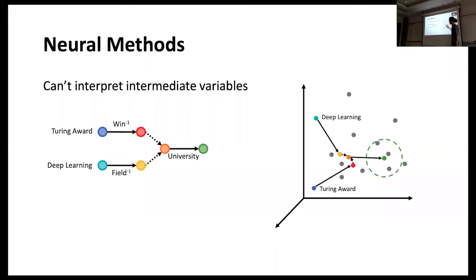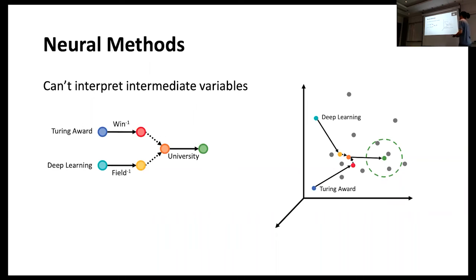Then we do something in the embedding space, for example the inverse relation projection, and we convert to this node. And for the winner inverse, we get this node, and we do an intersection, which is just taking the average of them or some weighted average. Then we apply the operation of university, and we get the result. In order to finally decode the result into concrete entities, we need to do something like a k-nearest neighbor search to say these three are the potential results.